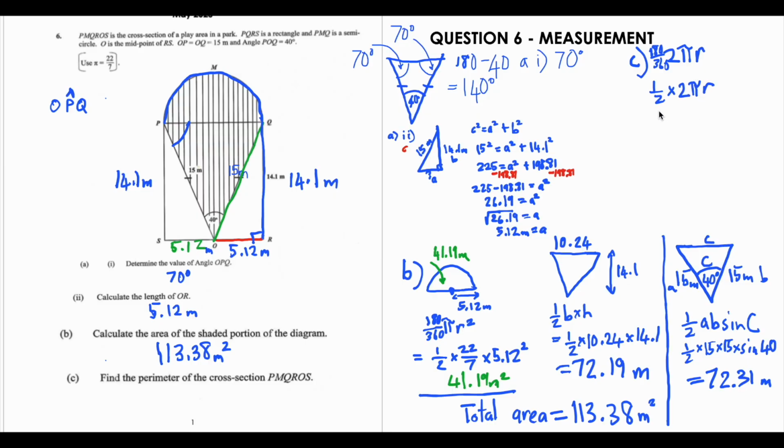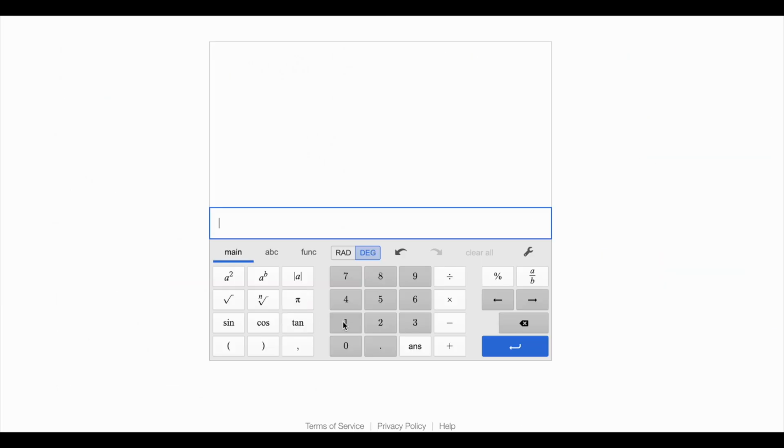So in essence, we'll end up with half times 2 times 22 over 7 from our pi here, times the radius, which is 5.12.